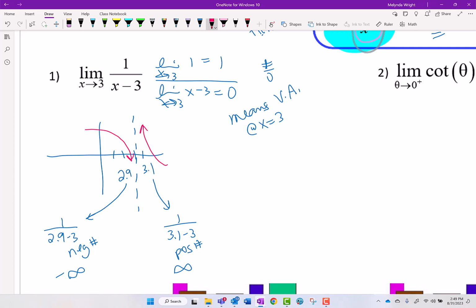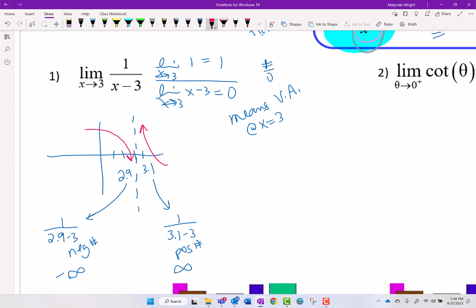When we're doing limits and we hit upon a vertical asymptote, they want us to tell them what direction the y value is going. That's what they want. When the direction is mixed like this, we say DNE. Only when the direction is mixed.